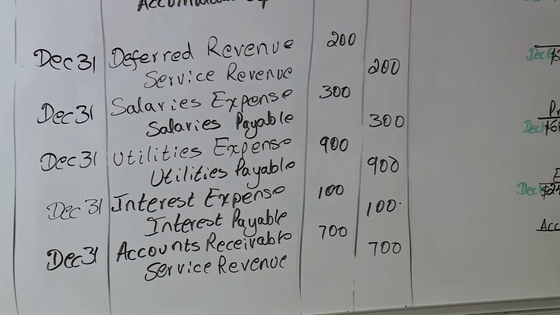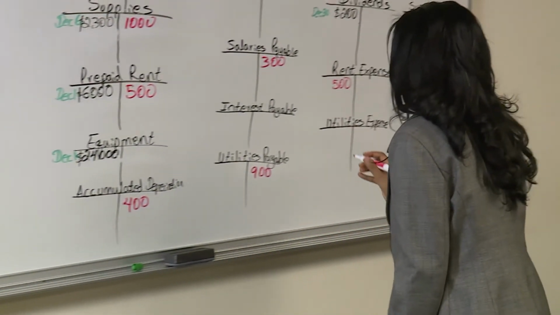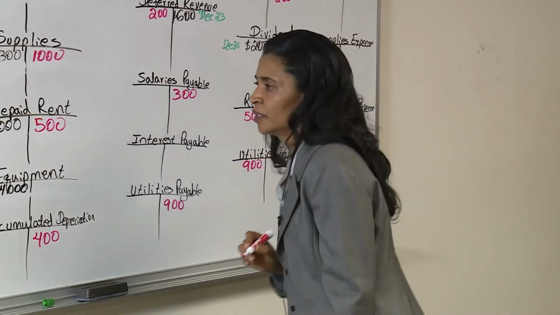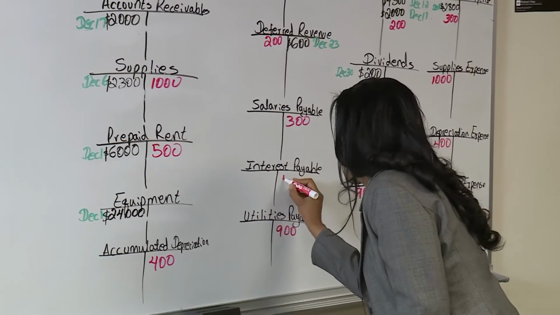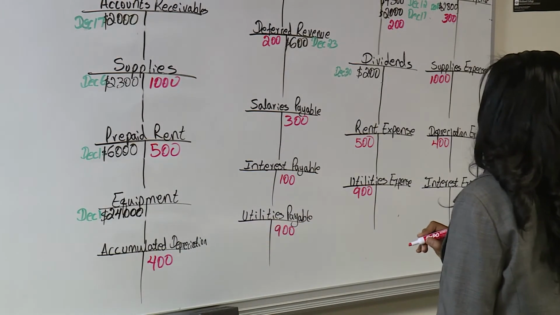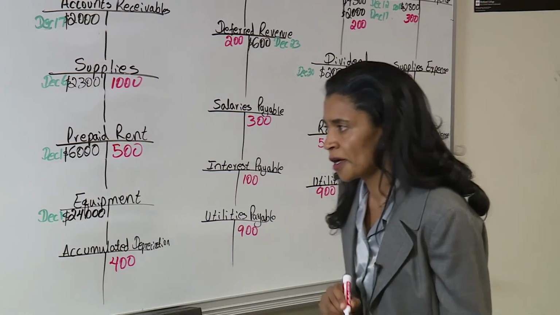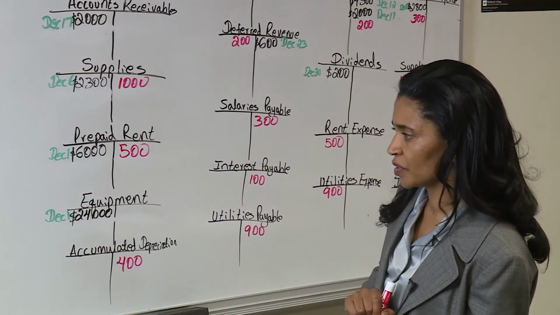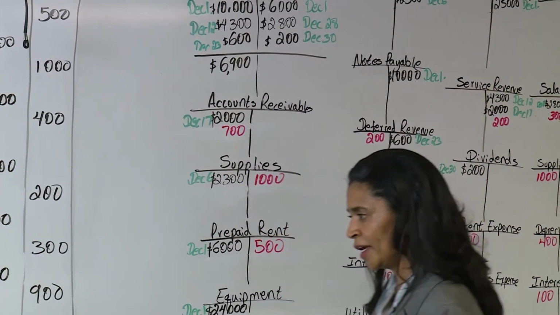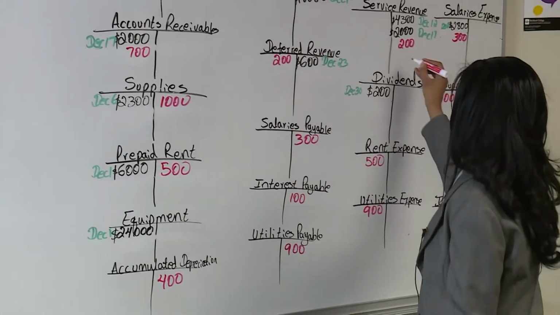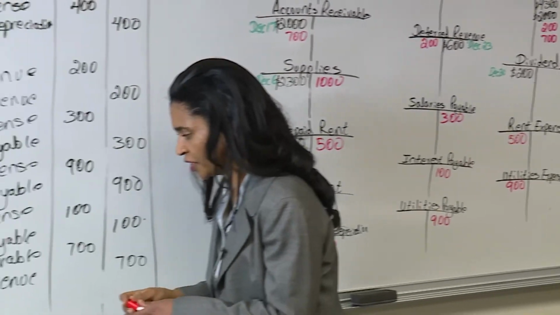Utilities expense and utilities payable, 900, and utilities expense 900. Interest expense and interest payable credit, and interest expense 100 debit. The last one is accounts receivable and service revenue. Accounts receivable 700, and service revenue 700, we posted these accounts.